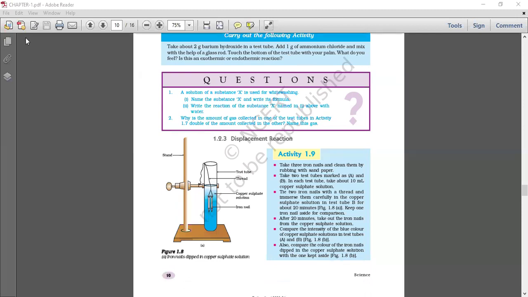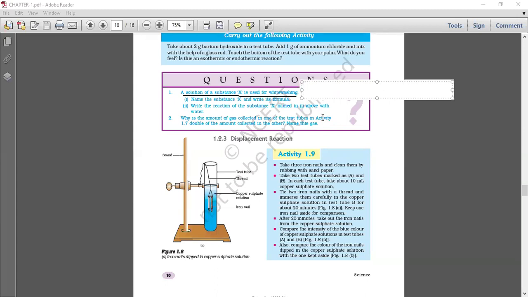And next question: a solution of substance X is used for whitewashing. So already we have learned, which substance is it? That is calcium oxide, also known as quicklime.